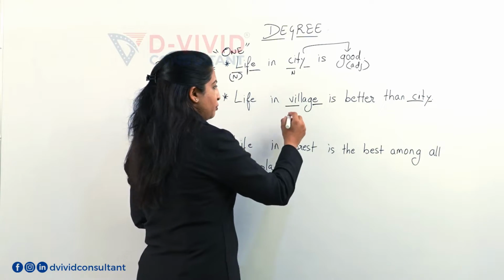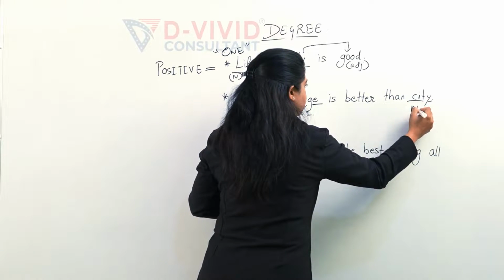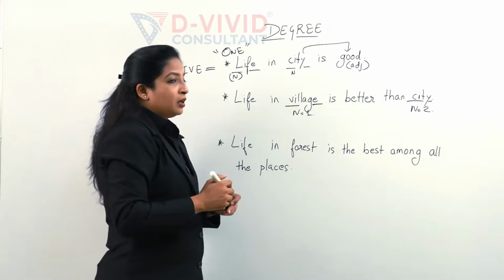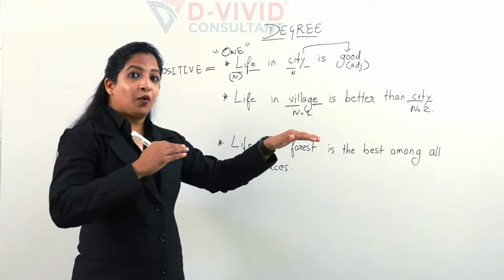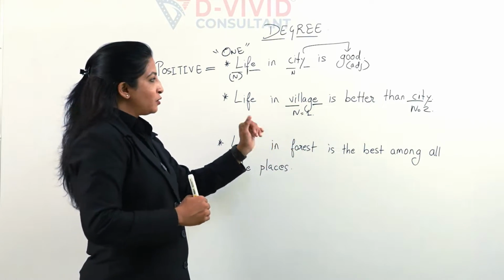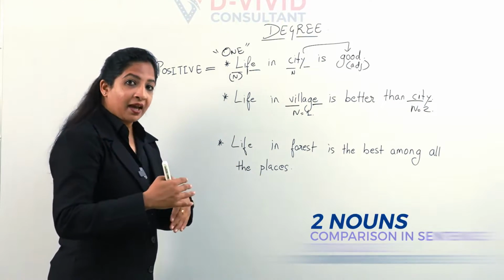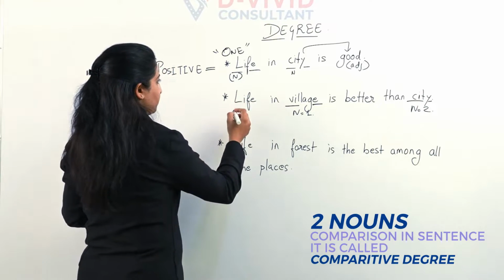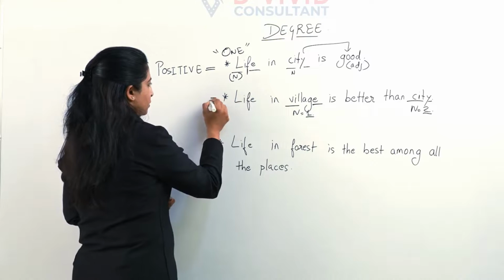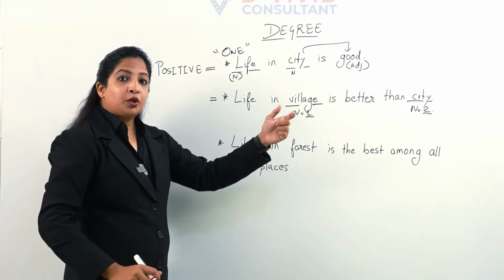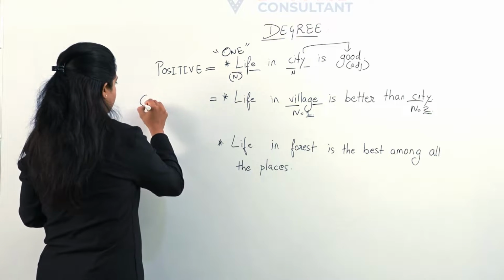So I have compared 2 nouns, noun number 1 and noun number 2. So these 2 nouns I compared, and there are only 2 nouns. So when we compare only 2 nouns, this is your comparative degree.